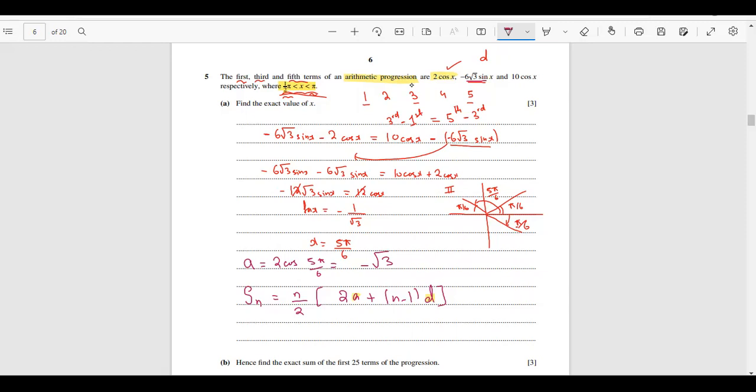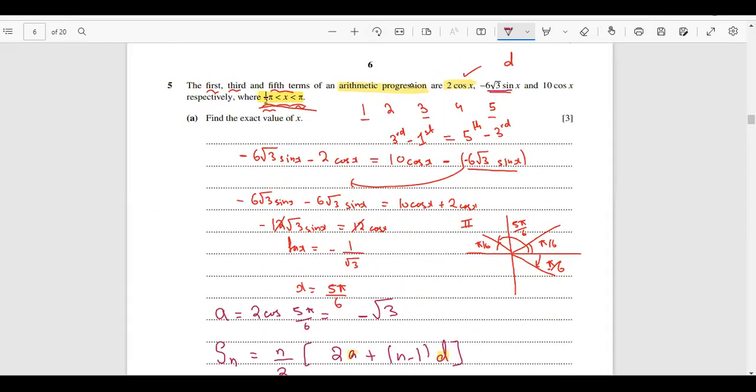Sine 5 pi by 6 multiplied by minus 6 under the root 3. This term is minus 3 under root 3, and this term has turned out to be minus under root 3.